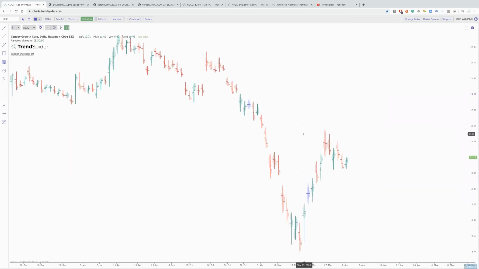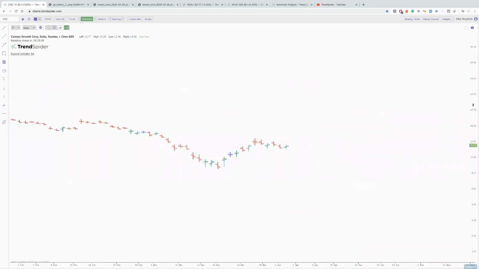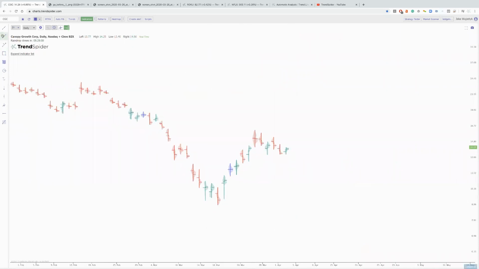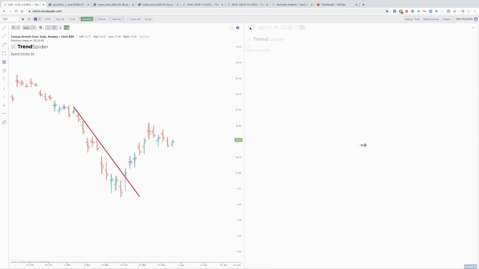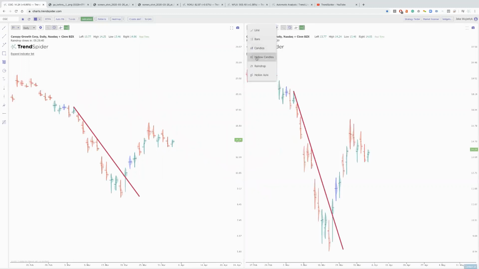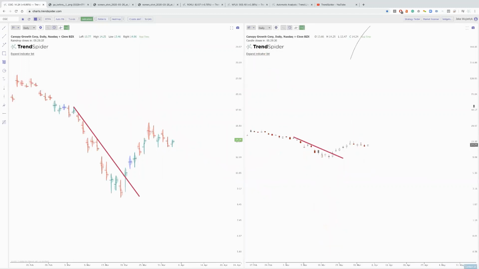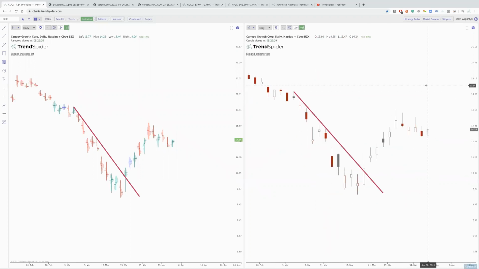If we go to the raindrop, you'll see something that's really interesting. Essentially, if we connect this to this and extend it, we've got a trend line that's been tested 3 different times. So if we split the screen and we go to a regular hollow candle, looking at the same exact setup, you'll notice something really interesting.